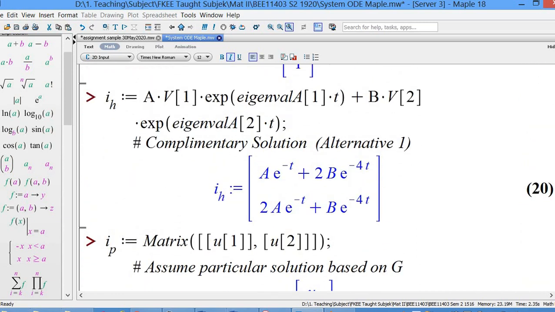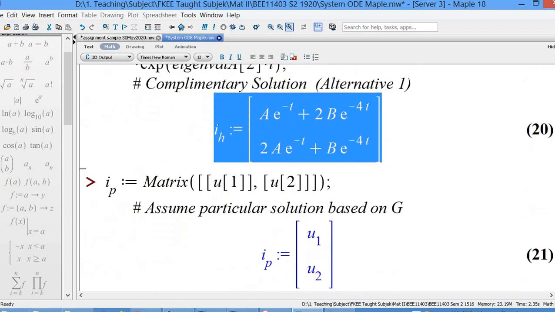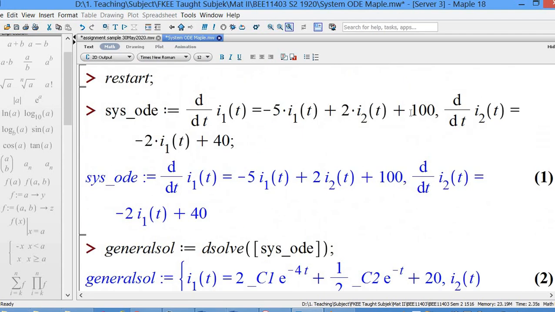And then it obtains the homogeneous solution. Then it finds a particular integral, choosing it based on the form of the non-homogeneous part.